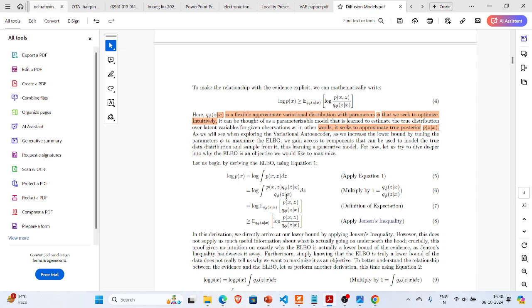They have used the approximate posterior instead of the real posterior, because of the joint distribution here, and they multiplied both up and down with the approximate posterior distribution. So this has become the expectation of this. The expectation is like this, variable times the PDF.